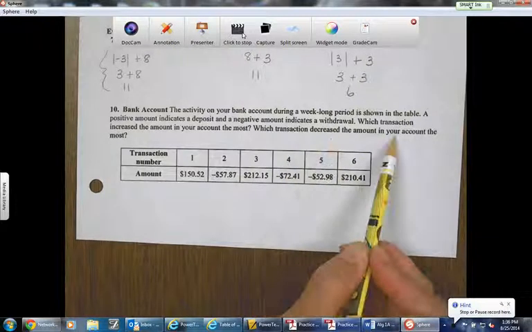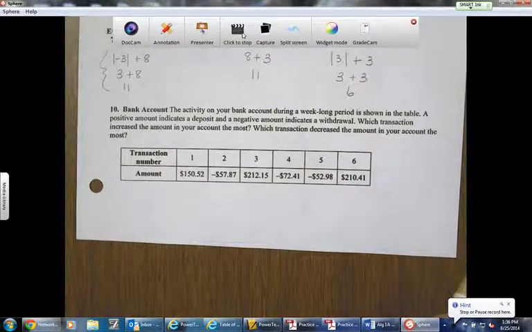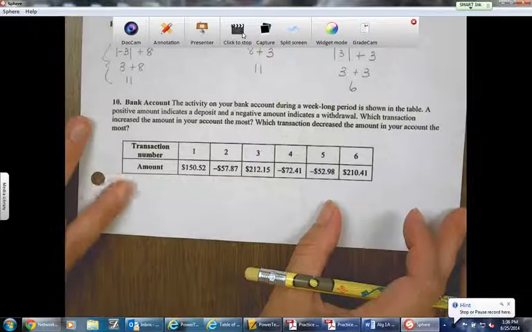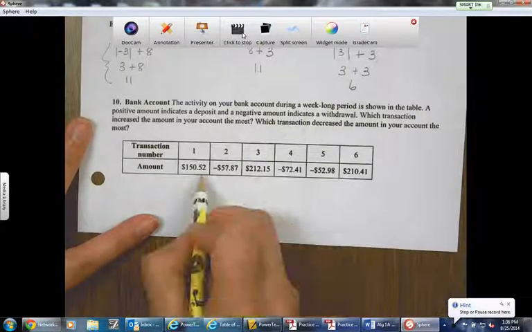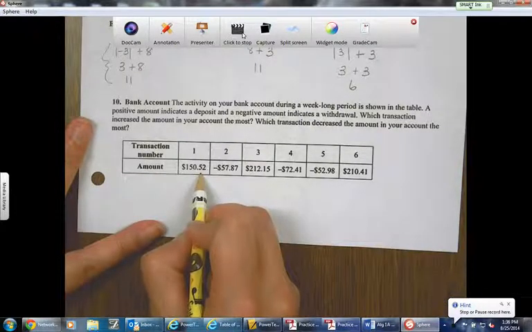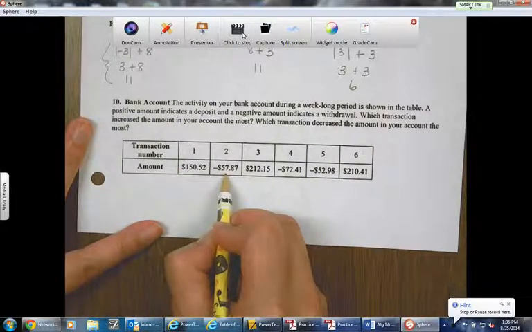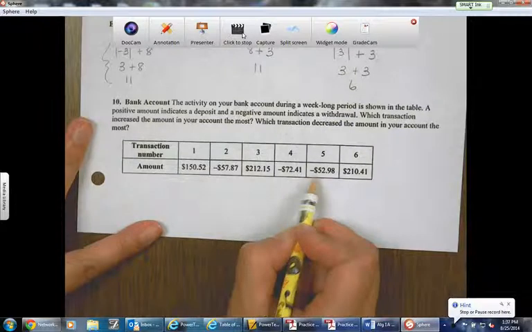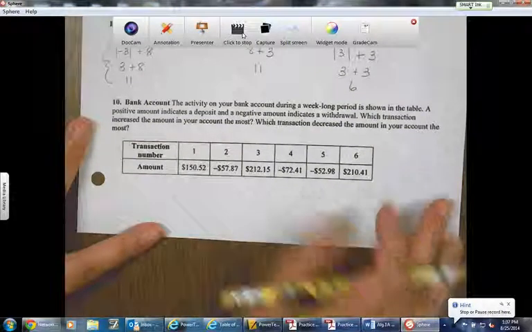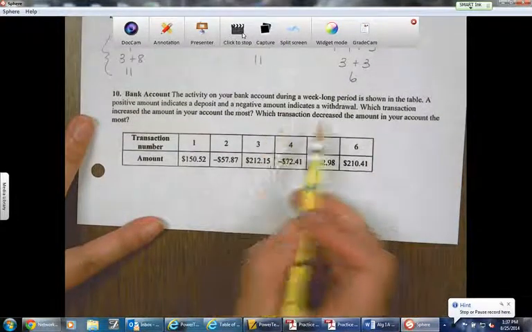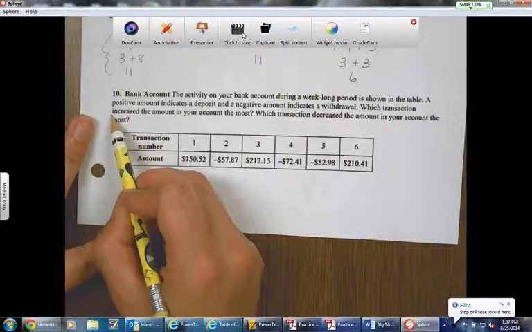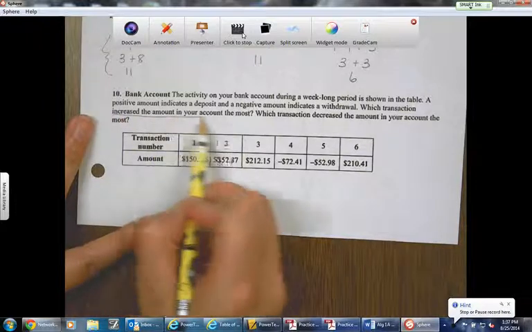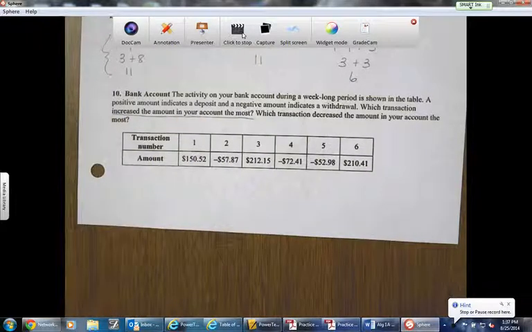Okay? So imagine that, and the way that I'm going to do this is I'm going to say that you went from here, this was your transaction, you added this, you took this out, you added that, you took it out, you took it out, you added that. Okay? So when it says which transaction increased the amount in your account the most, which one would have increased your account the most?